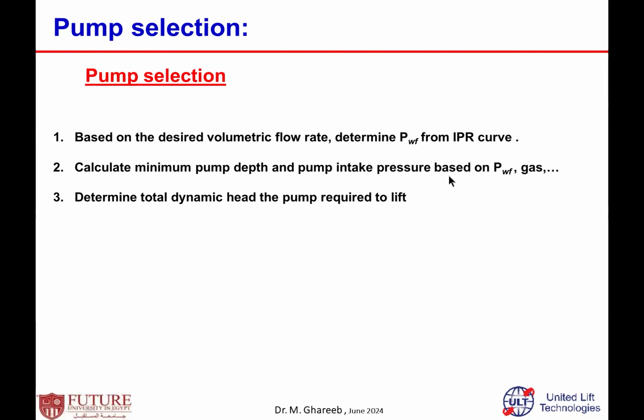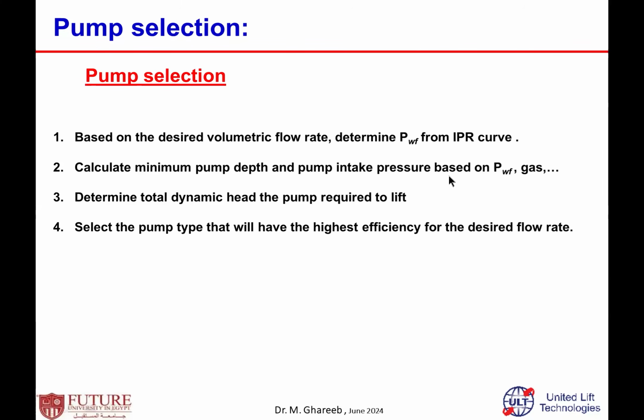Then you need to calculate the pump intake pressure. After that, you need to calculate how much dynamic head this pump is required to lift fluid to the surface, to overcome the hydrostatic head, the wellhead pressure, and the pressure loss in the tubing and in the system, and so on.